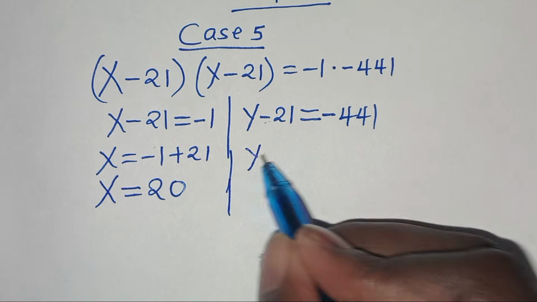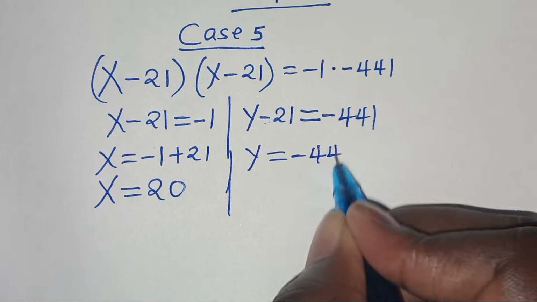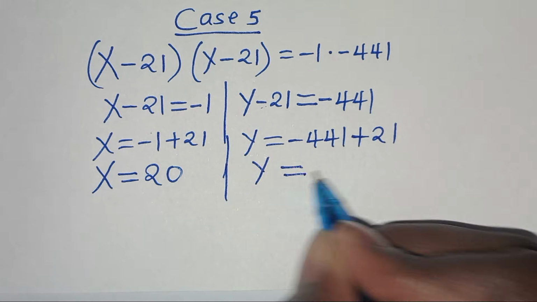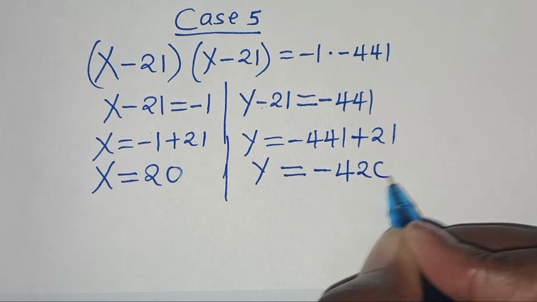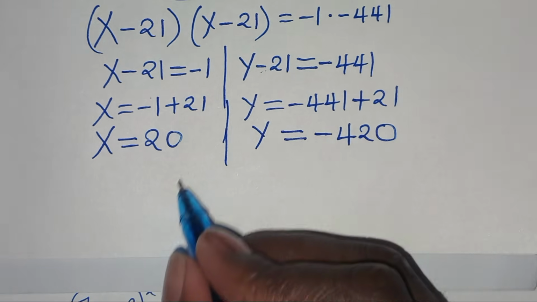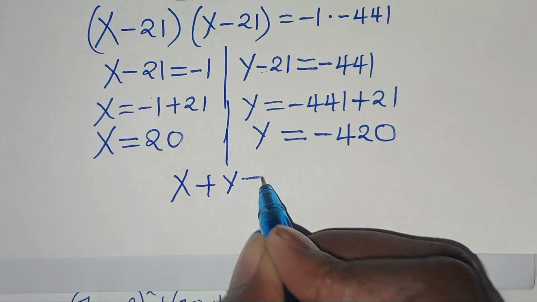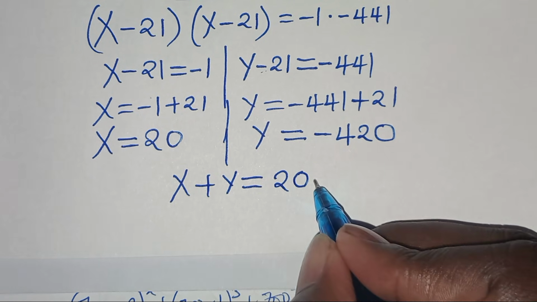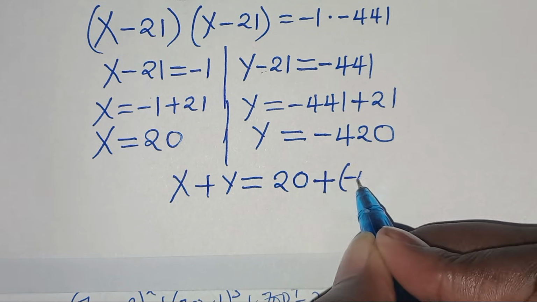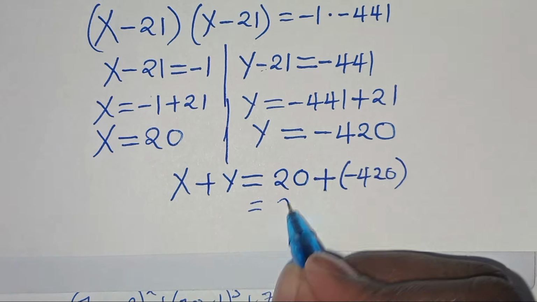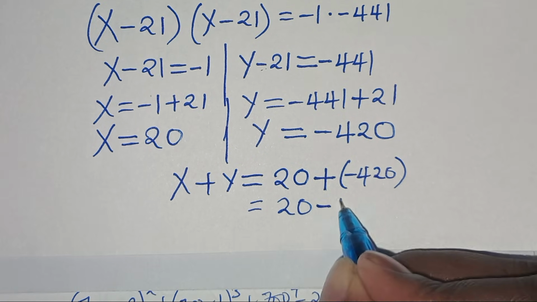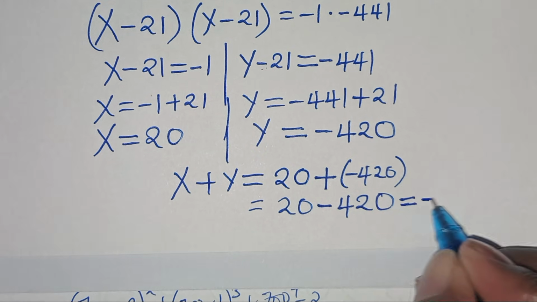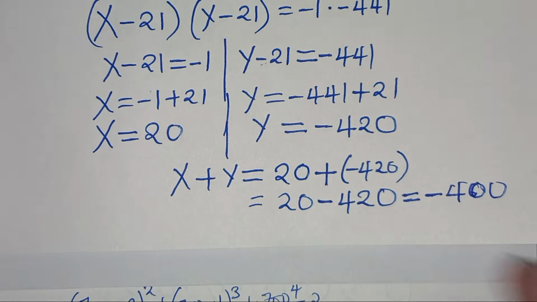Y is equal to minus 441 plus 21, which means y is equal to minus 420. So x plus y is 20 minus 420, which is equal to minus 400.